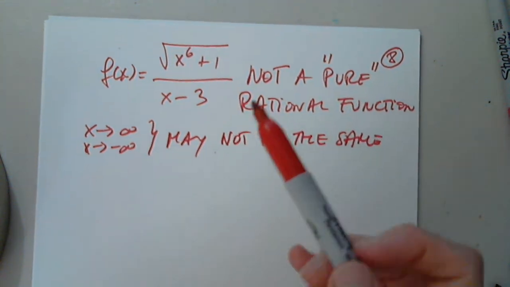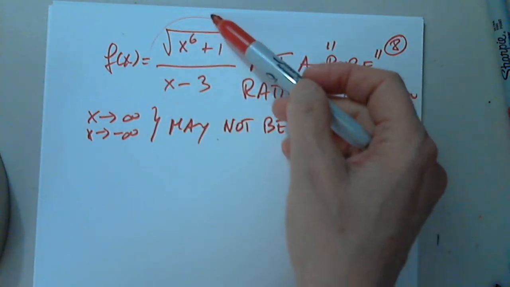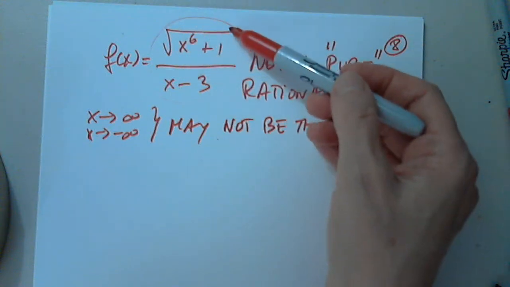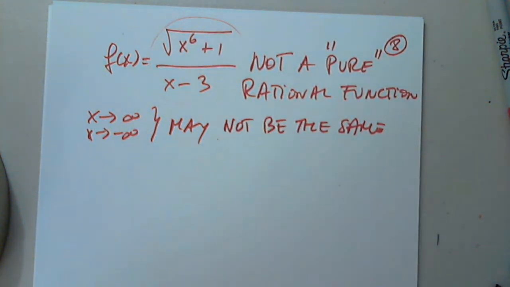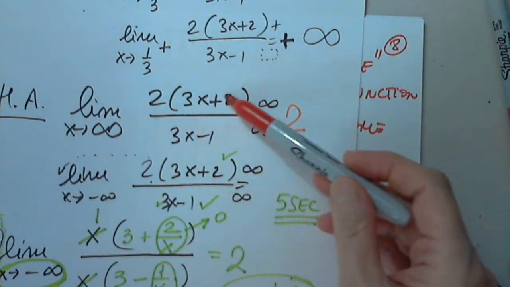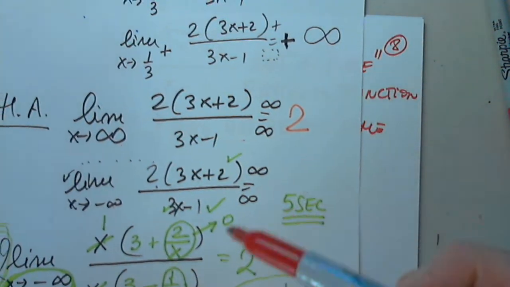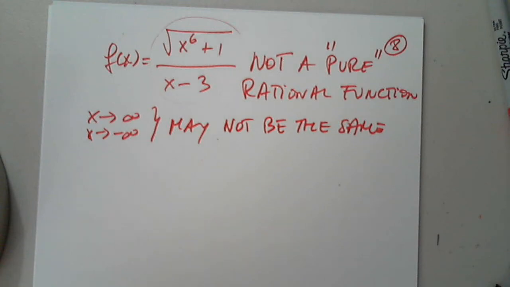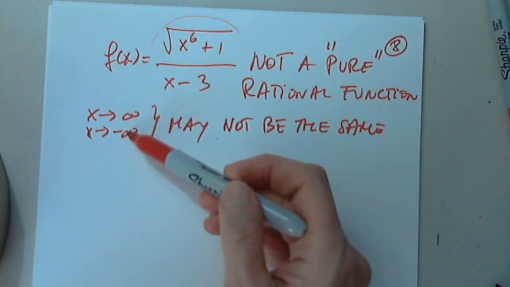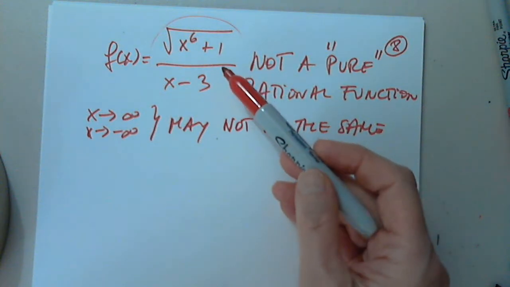So please remember that. This is not a rational function. It's a combination of rational with radical. So this one that we just looked at is a pure rational function, polynomial over a polynomial, which means on both sides they will always be the same. But here they may not.